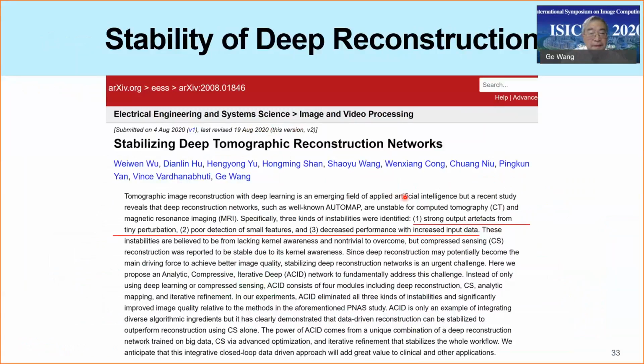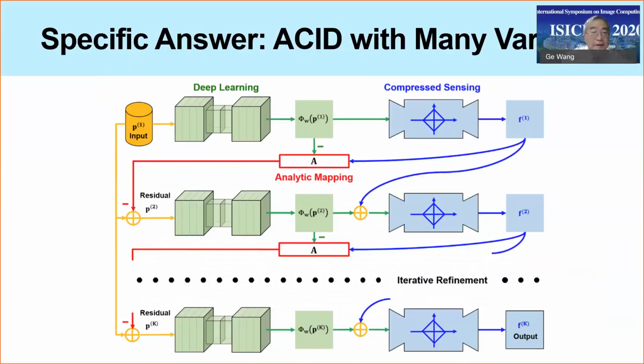And several months ago, we posted an article specifically addressing the PNAS paper. We say we can use our well-designed synergistic network with compressed sensing and iterative reconstruction components, and using the same data set and same algorithm they studied, we reproduced their instability. Then we used our network to remove all the problems. We call our network ISID network, and certainly you can implement the framework in different variants.